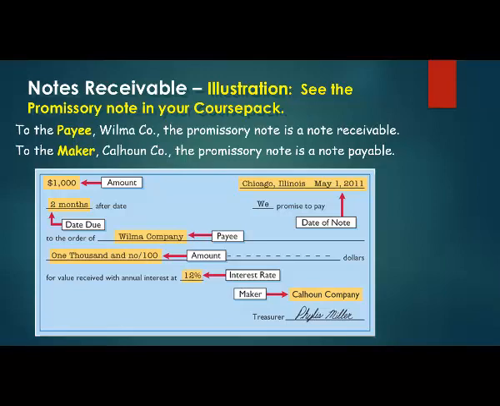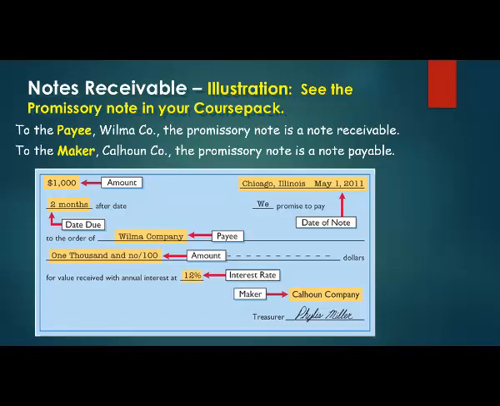Now look at this note. Wilma Company is here, paid to the order of Wilma Company. And at the bottom we see Maker Calhoun Company, signed by the treasurer. Now it's important to know who is paying whom in this note. The note says in this case, we promise to pay to the order of Wilma Company $1,000 for value received with annual interest of 12%, signed by the Calhoun Company.